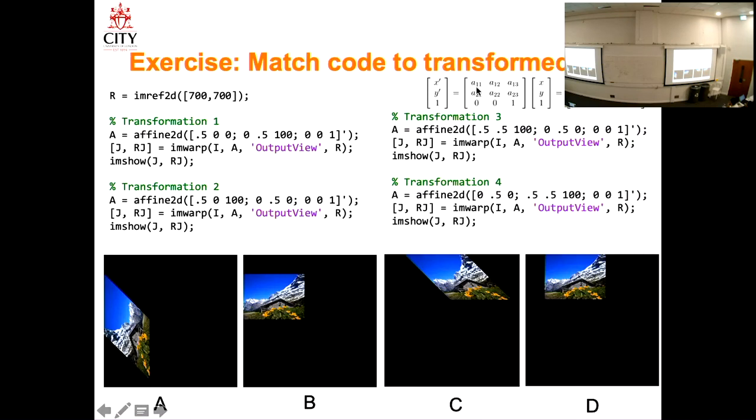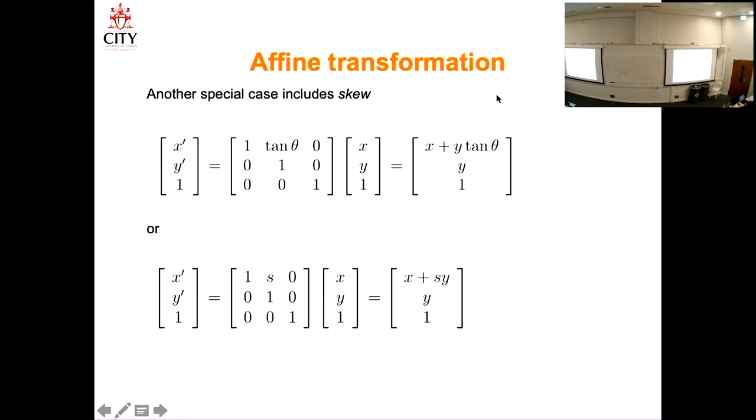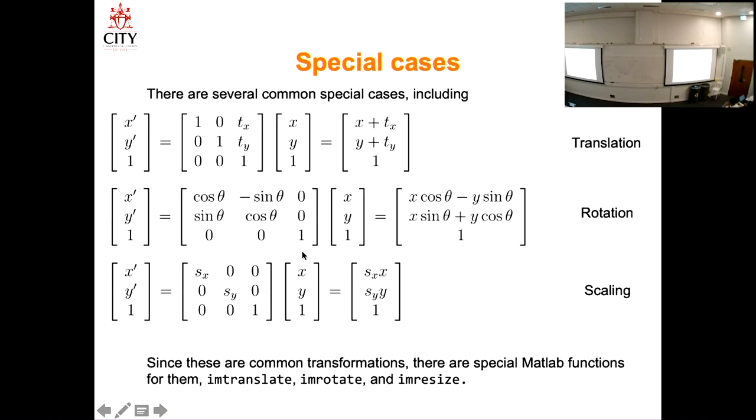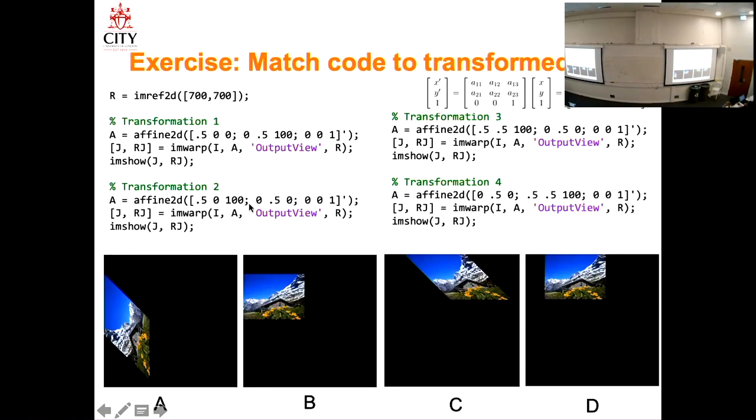So it's either this one or this one. So I have 0.5, 0, 0, 0, 0.5. Let's look at the cheat sheet we had. So it's not a skewing, because a skew is these two are 1. What else could it be? Yeah, it could be rotation. Right?